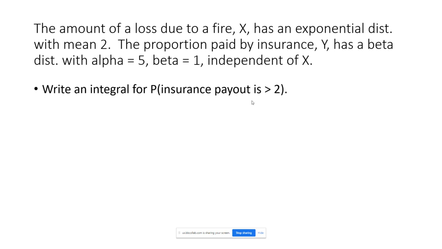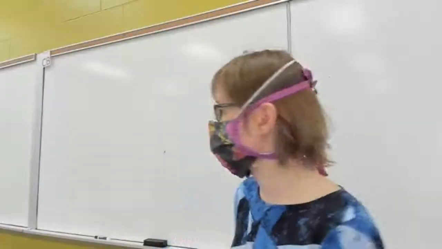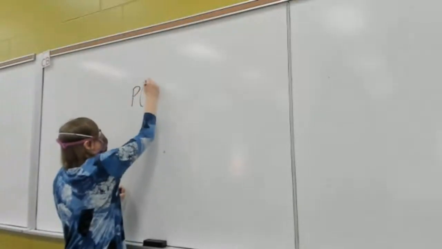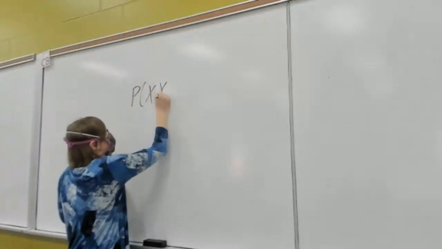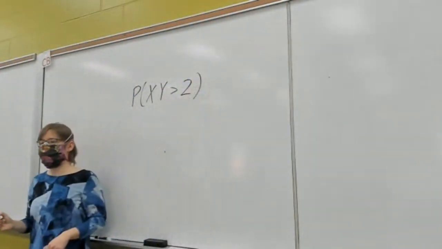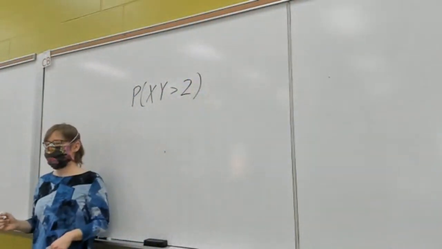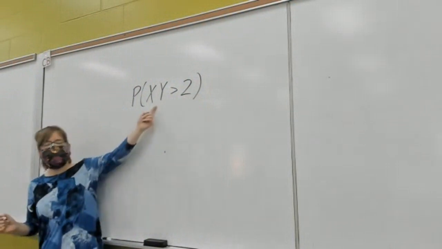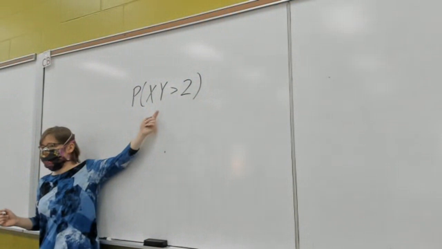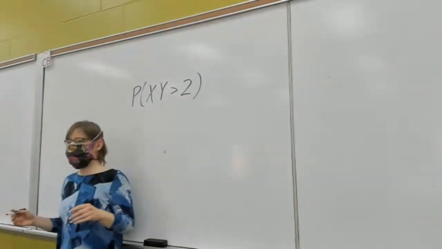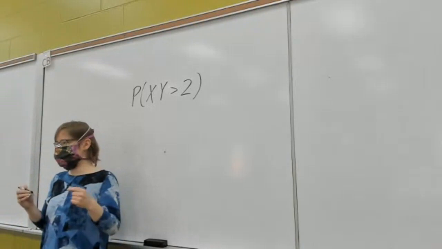Right. So by saying we want the probability that the insurance payout is greater than 2, we're saying that we're looking for the probability that X times Y is greater than 2. And remember that the way to find this probability, this X times Y is not going to be inside the integral.